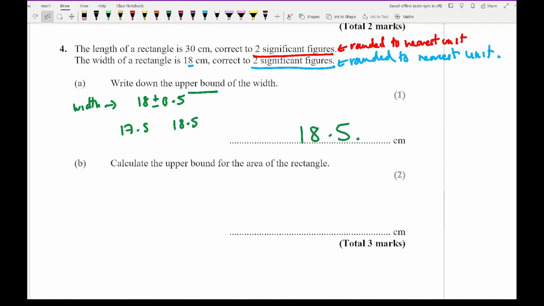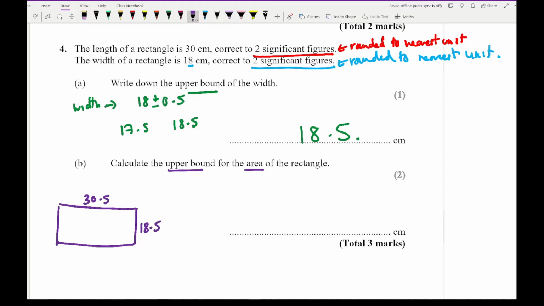Now for question B, the question says to calculate the upper bound of the area of the rectangle. So again, what I'm going to do is a little sketch of my rectangle, and I want the upper bound of the area. So what I'm wanting is the longest possible length and the longest possible width. So the longest possible length is going to be 30.5 and the longest width is going to be 18.5.